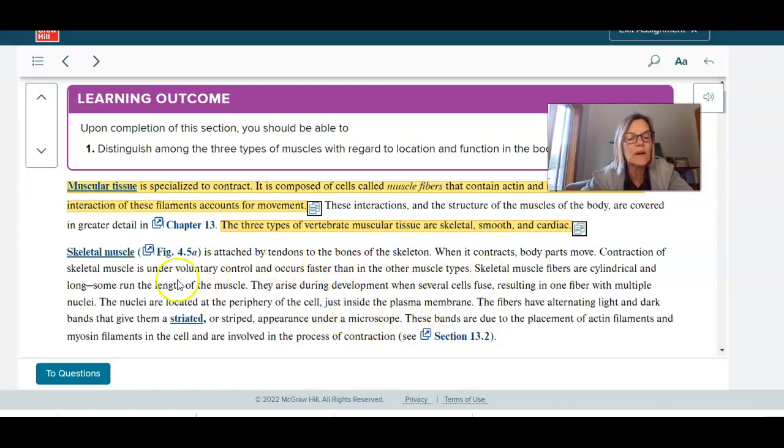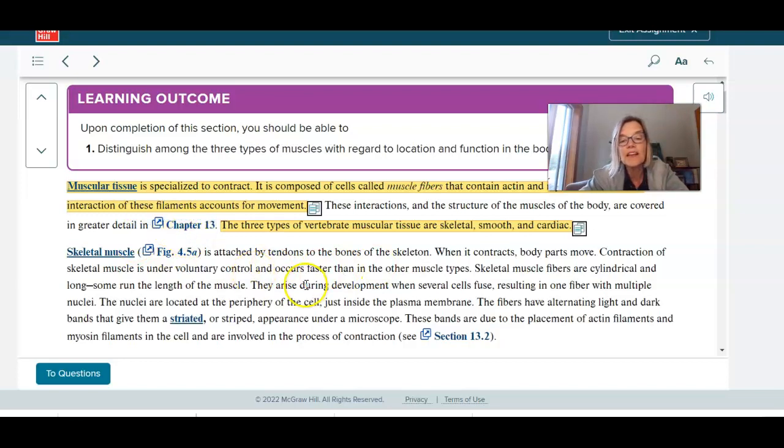So the skeletal muscle is the muscle that's going to move the major bones of the skeleton. It says it's attached by tendons to the bones of the skeleton. Remember, a tendon is dense connective tissue, has those collagen fibers running in one direction that connect the muscles to the bones. So when the muscles contract, it moves the bones.